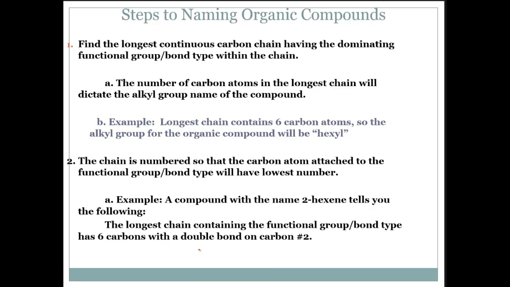The first thing you want to do is find the longest continuous chain having a dominating functional group or bond type in that chain. The number of carbon atoms in the longest chain will dictate the alkyl group of the compound, so the base of it. So for instance, if there's 6 carbons in a row, the alkyl group will be hex.